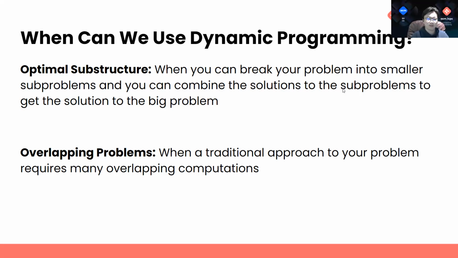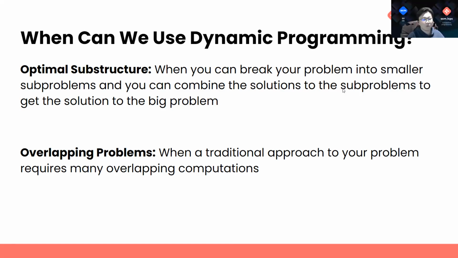The first thing is optimal substructure. This is when you're able to break your problem into smaller subproblems, and you can combine the solutions of the subproblems to get a solution to the big problem. I know this is pretty general, but it gets tied in with the second idea, which is overlapping problems.